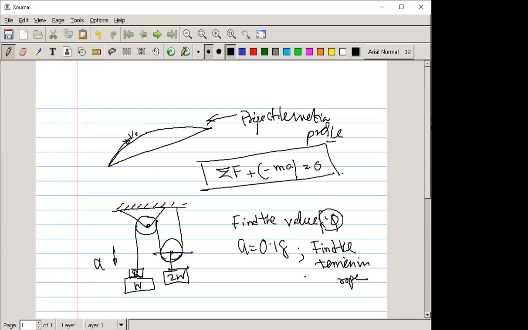So what is given? The given condition is that here the tension goes upward, here also it goes upward, and here also it goes upward. Is this question understandable? Hello, is this question understandable?